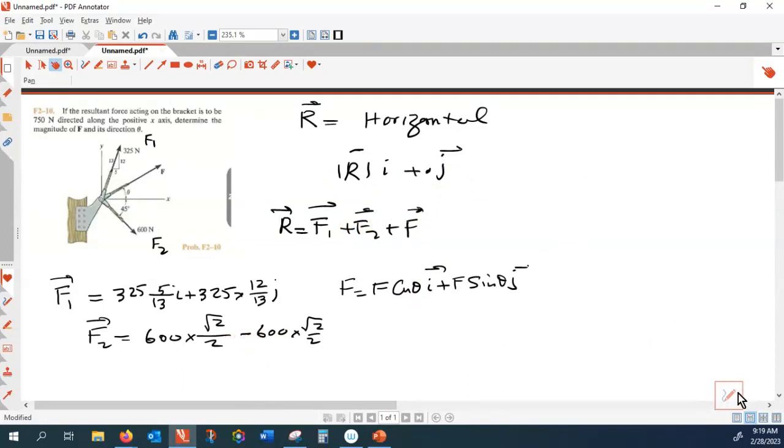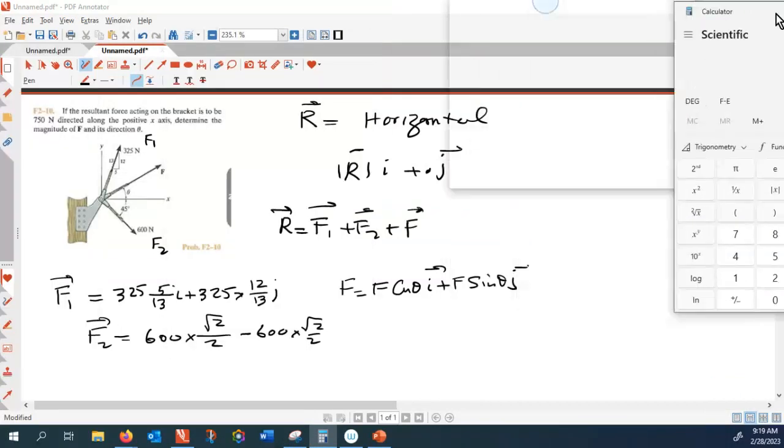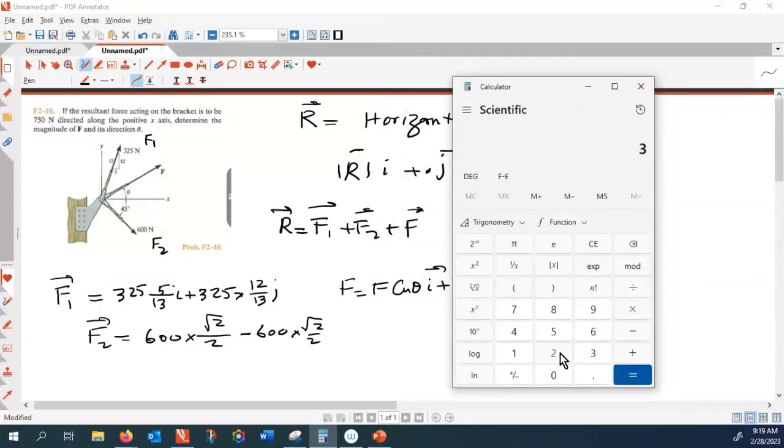What about that? So let me start with the j component of F1. What is the j component of F1? That is 25 multiplied by 5, or multiplied by 12.